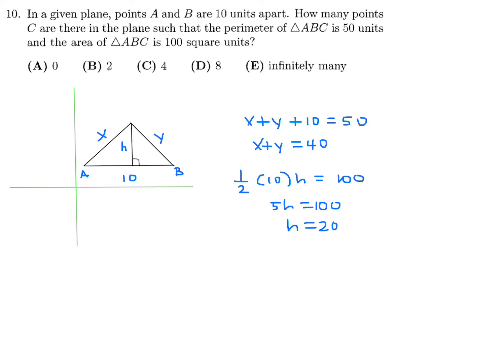All right, so let's talk about this. From the diagram, I hope you can see that h must be less than x, because x is the hypotenuse of this right-angled triangle. And therefore, x is less than or equal to y.